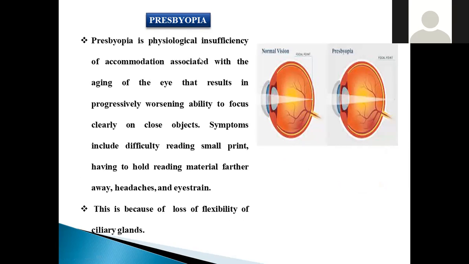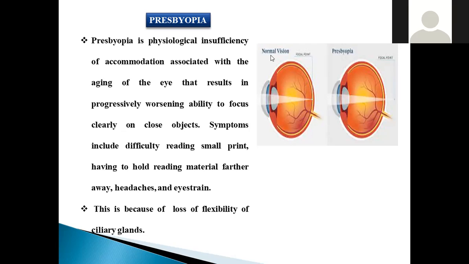Let us see how it will appear and what kind of defect it is. In normal vision, the real image of the picture falls on the retina and is captured. In case of presbyopia, there is a possibility of the image forming away from the retina, or otherwise in front of the retina.